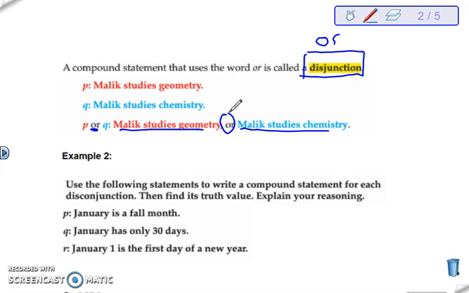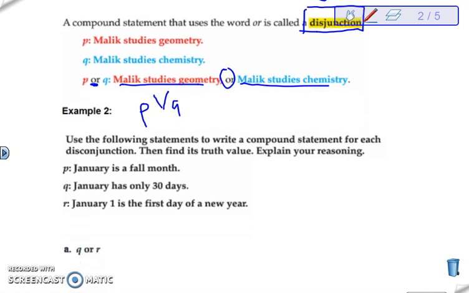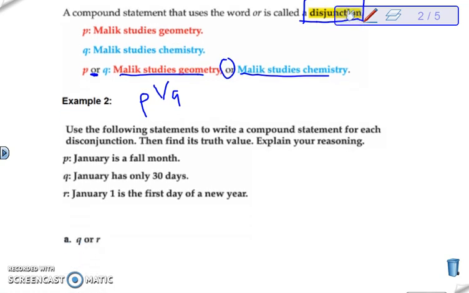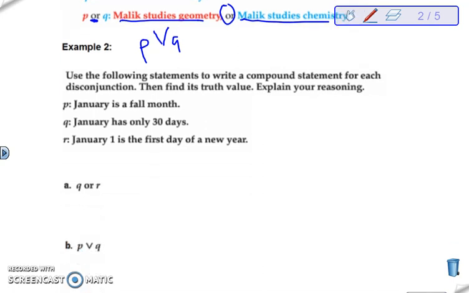The symbol for this looks like a V. So and looks like an A with the middle cut out, or is just the A flipped over, so it's a V. These are going to work the same way. The biggest difference, though, is that in order for an or statement to be true, you only need part of the sentence to work.